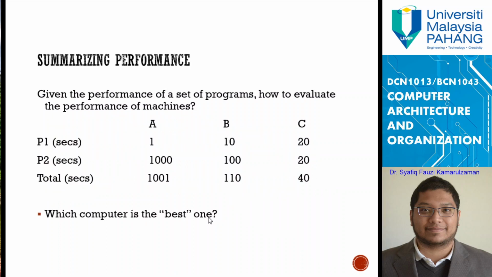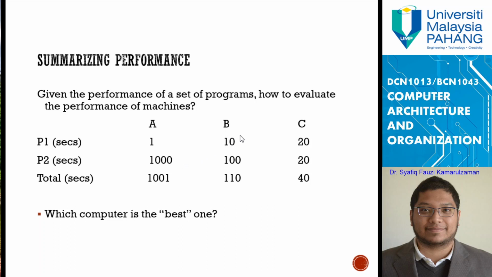So in terms of summarizing performance, I'm giving you here a set of PCs, A, B, and C, with programs running, program 1 and program 2. Looking at these images, which computer is the best one? For PC A, program 1 runs under 1 second, but program 2 takes 1000 seconds.